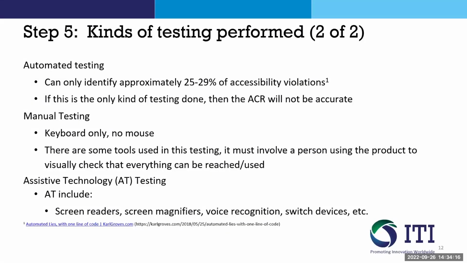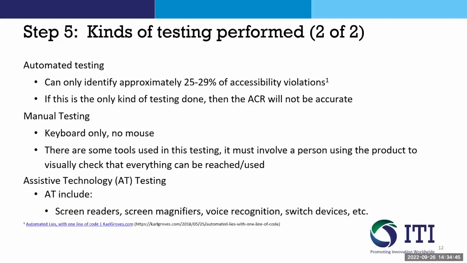But if you use only automated testing and then you make a report about it, you are missing up to 80%, 75% of the errors. And that can be a real barrier for a user with a disability. If this is the only kind of testing done by a vendor, the ACR is not accurate.